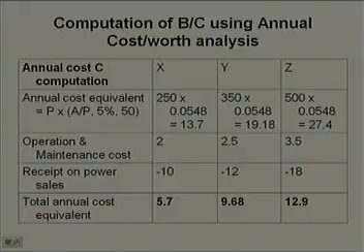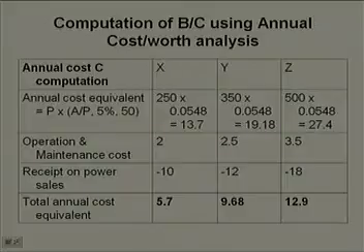So what I have done is converted this investment value into an annual value. That means 250 million is equivalent to 13.7 million every year for the next 50 years at a rate of interest of 5%. So this will be done for all the three cases, X, Y and Z.